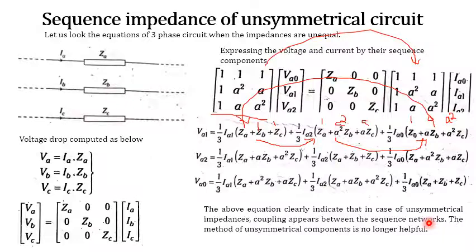Hence we cannot apply the symmetrical components to the sequence impedances, because VA1 itself consists of positive, negative and zero sequence terms. Similarly, VA2 also consists of positive, negative and zero, and similarly for the zero sequence network. That's why we cannot apply this for unsymmetrical circuits.